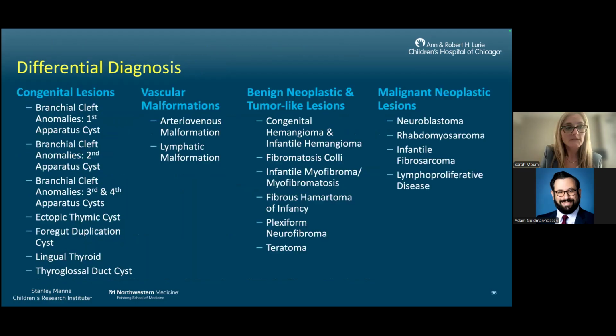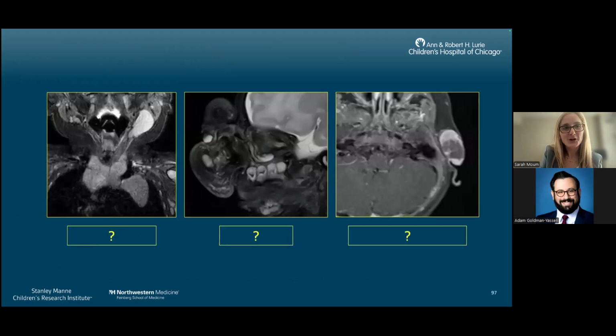Okay. Here's the broad differential of the entities I covered in this lecture. And then I just want to go back to the unknowns I initially showed you. So at screen left, we have a T2 hyperintense lesion in the left neck. We see this thin band of tissue that connects it to the mediastinal thymus.